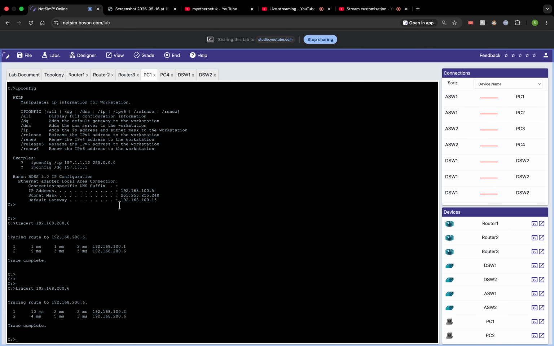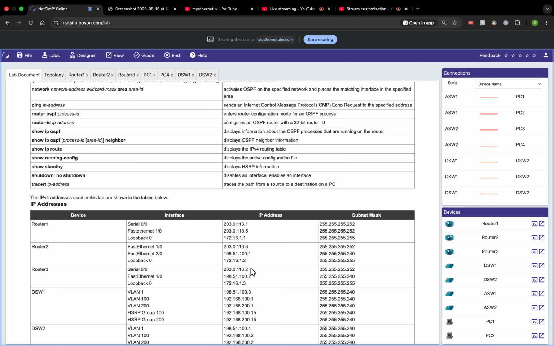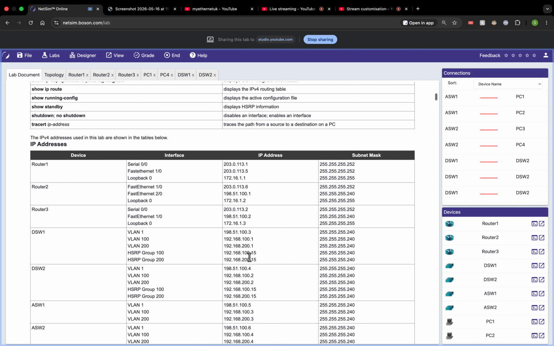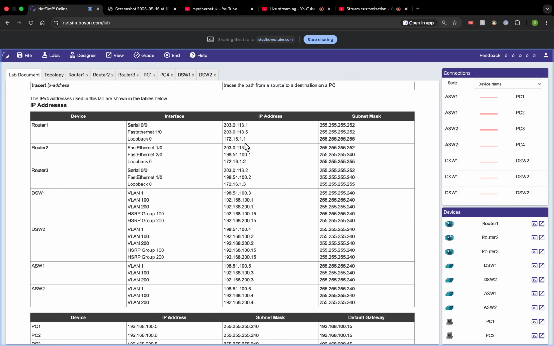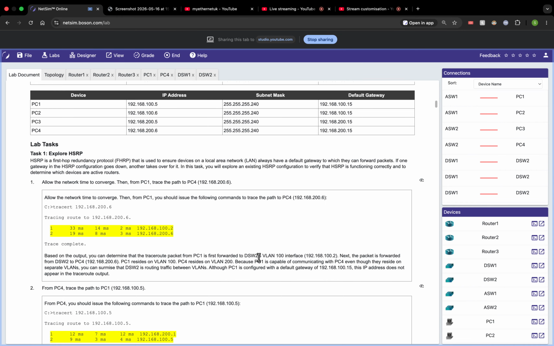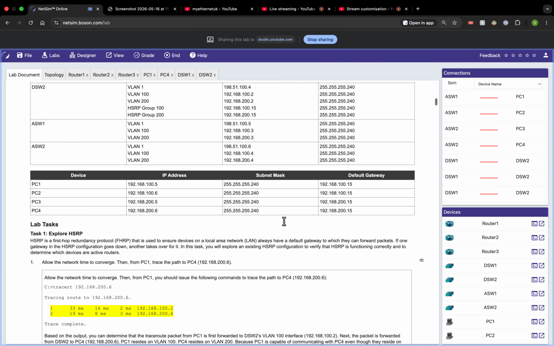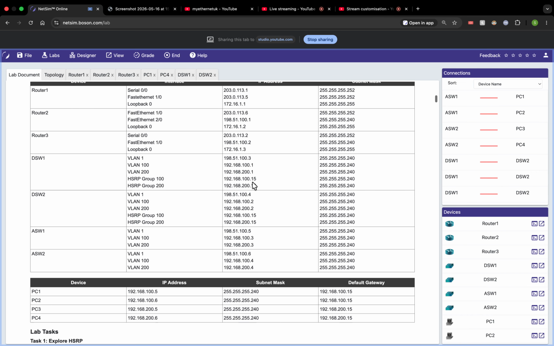PC1 is going via DSW2 again, which is how it was doing right back at the start. It was using that route because it's got its job back now. It's the active router. It uses that route like it was at the start, 100.2.